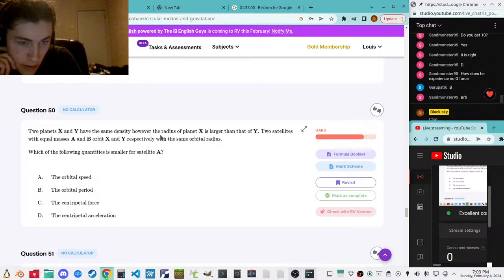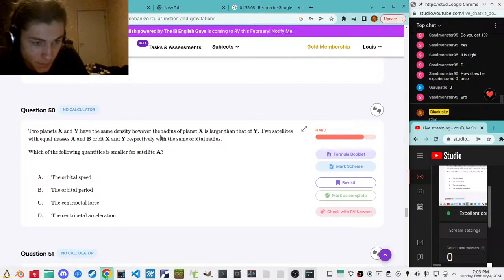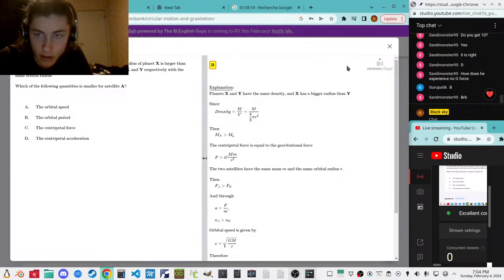If they have the same radius, it needs a bigger speed. A bigger centripetal acceleration, probably bigger, but a smaller orbital period, I'm guessing B. Yeah, B.